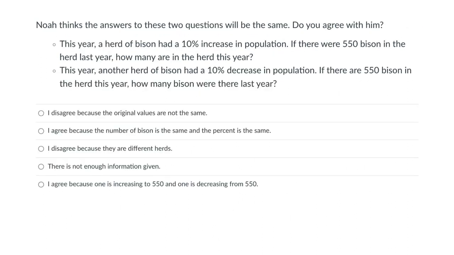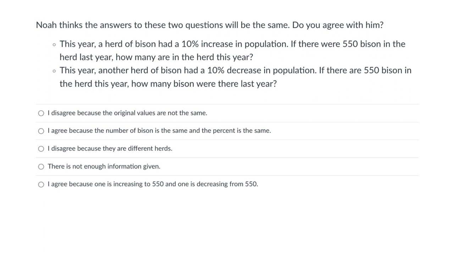Okay, so this question's kind of weird. It's going to take some critical thinking, but it says, Noah thinks the answers to these questions will be the same. Do you agree with him? He says, this year, a herd of bison had increased by 10% in population. If there were 550 bison in the herd last year, how many are in the herd this year?